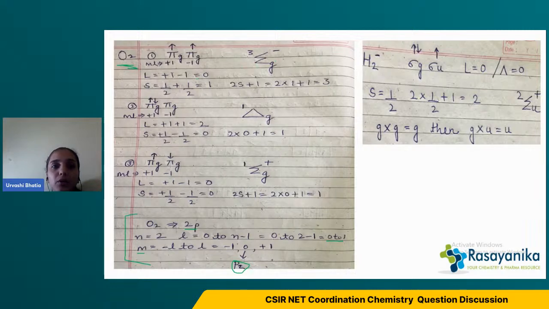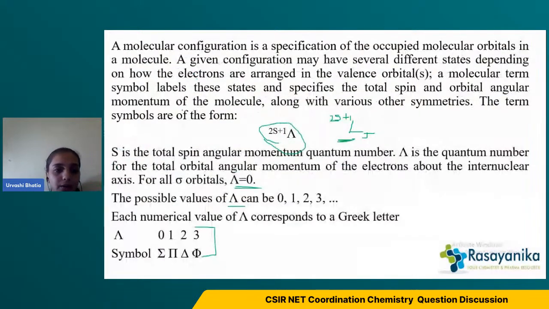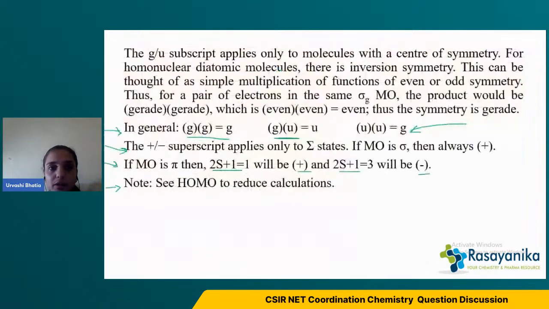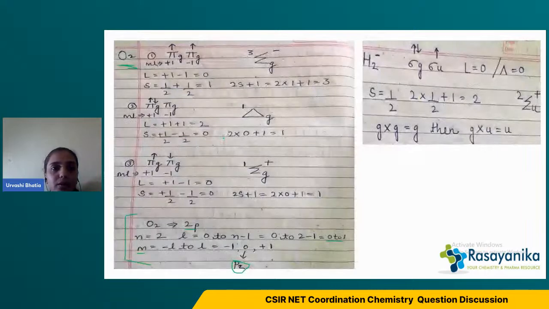How this sigma? Because I showed you that, you know this. For the sigma term, we have for 0, the sigma term, the first one. So this is sigma, 3 is your spin multiplicity, and g. From where do you get g? Here you can see g into g is g. Here both of them are g, and g into g will be g.